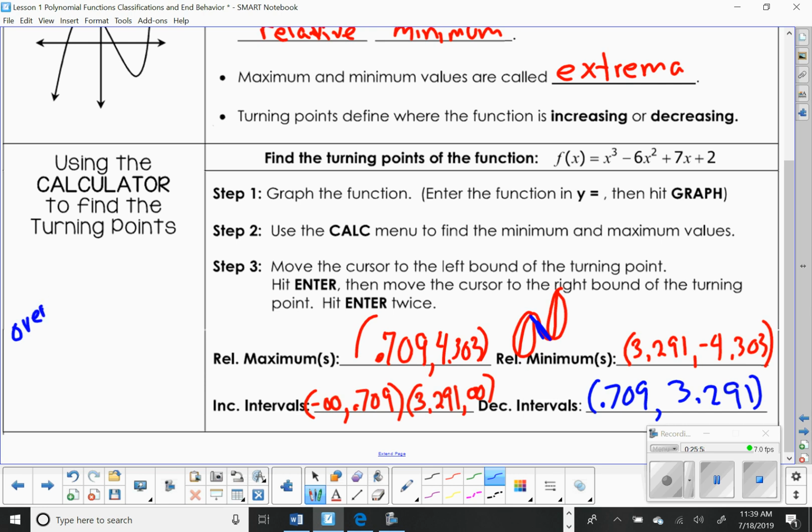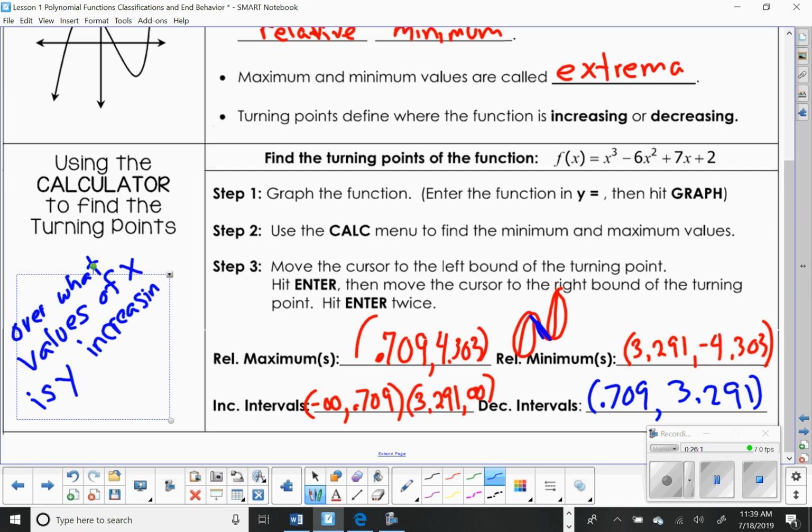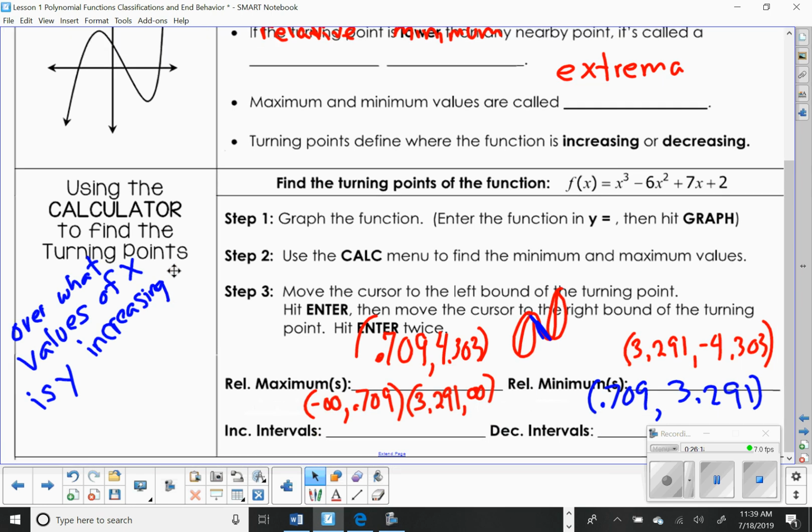over what values of x is y increasing or decreasing.